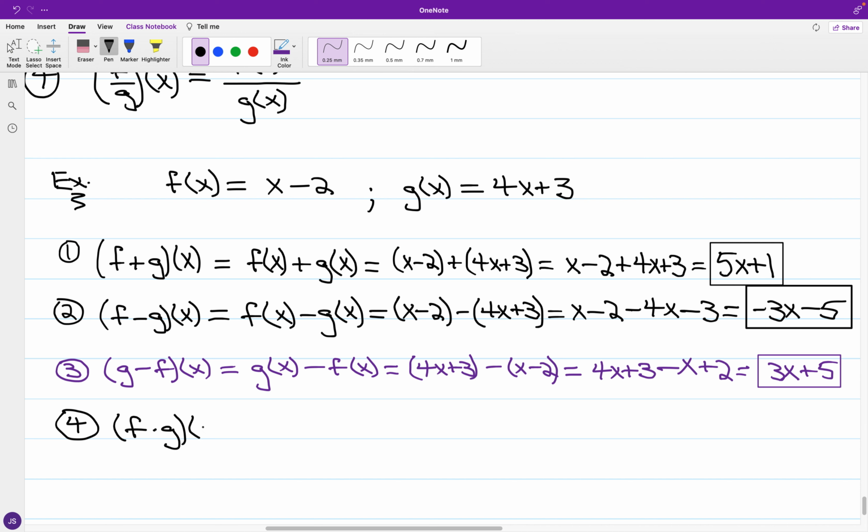Now for the product function, for f times g of x, we're looking at f of x times g of x.